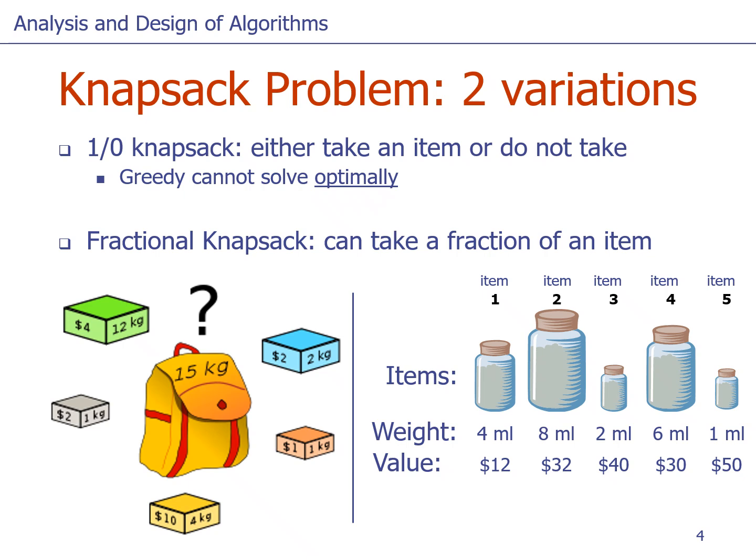Or in the 8 milliliters, you can take 2 out of the 8 milliliters, and it goes like this. Okay, so in the case that you can slice through an item or take a part of an item, we're going to call that the fractional knapsack problem. Okay, which is different from the 1-0 knapsack problem, because in the 1-0 either you take it or you don't take it. Here you can take a fraction.